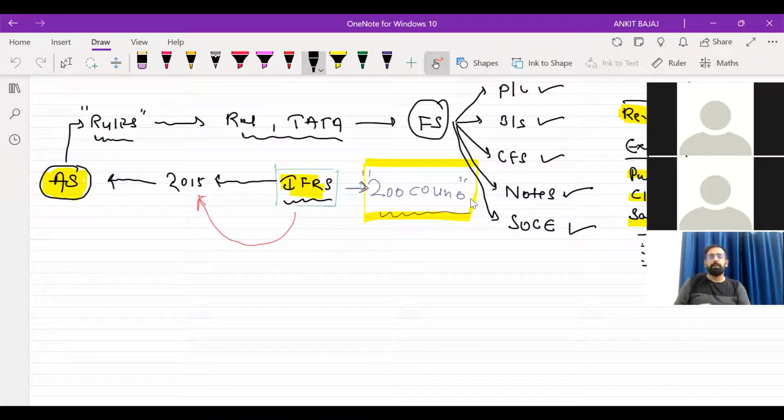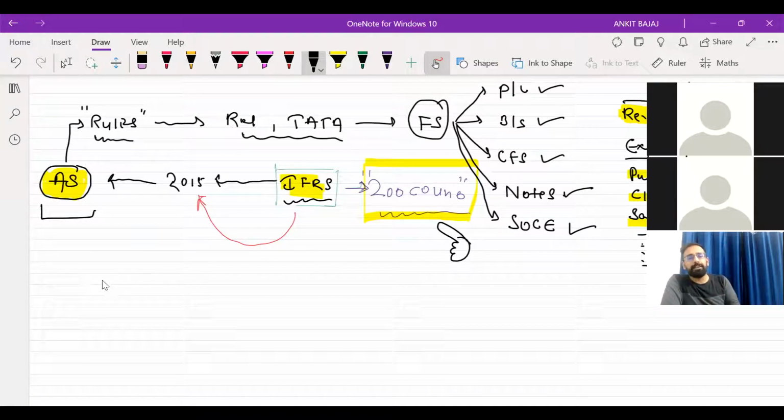The financial statements prepared using IFRS, their P&L account and their balance sheet, will be different from Indian financial statements. I will show you those financial statements in coming time. So if 200 countries are following IFRS, and India is the exception following accounting standards, or there are some countries following their own set of rules and regulations, definitely there will be differences in financial statements.